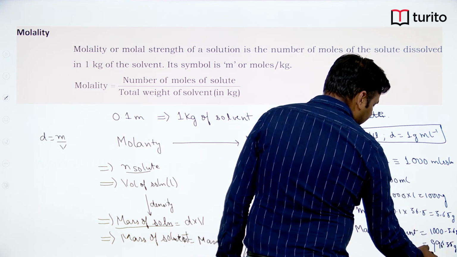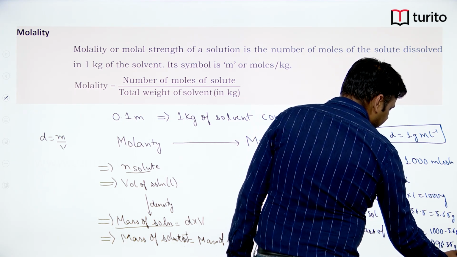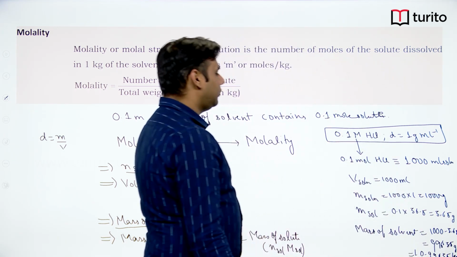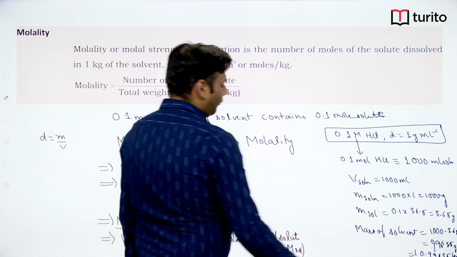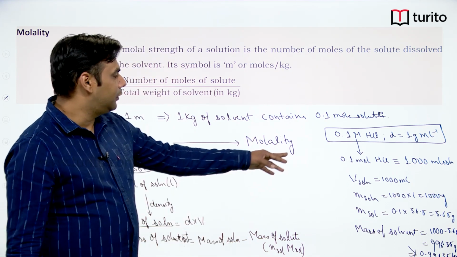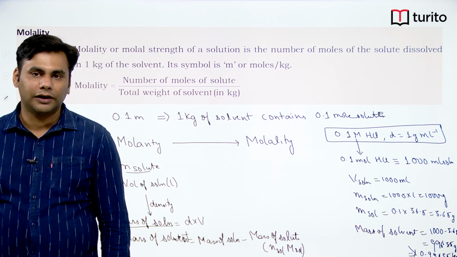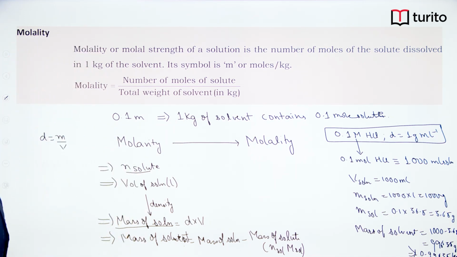So I can write this as 0.99635 kg. Okay, so to calculate the molality, we know the moles of solute as 0.1, we will divide by the mass of solvent in kg, and we'll get the molality.